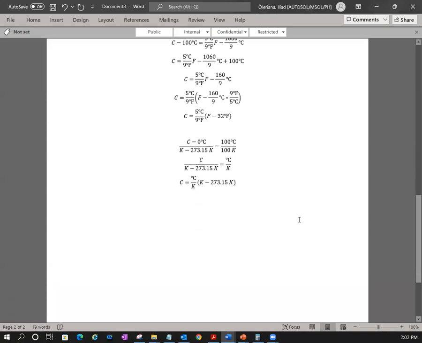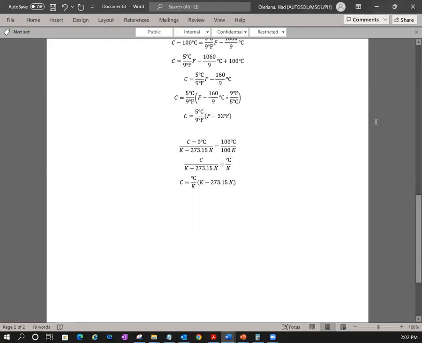So, let's now go to the next na gagawin natin, which is to solve for kung kailan nag-i-equal yung value sa Fahrenheit scale at sa centigrade scale or sa Celsius scale. Kailan sila nag-i-equal?